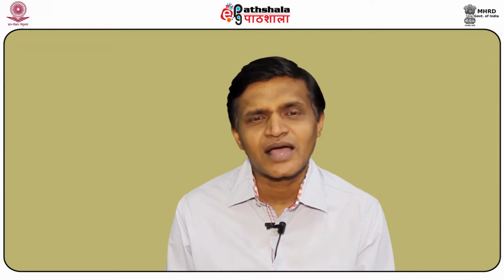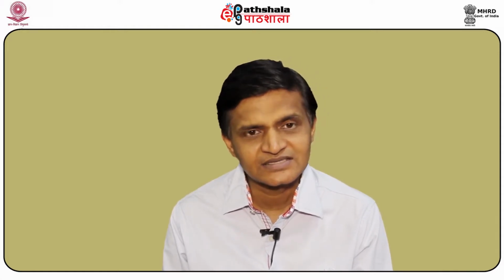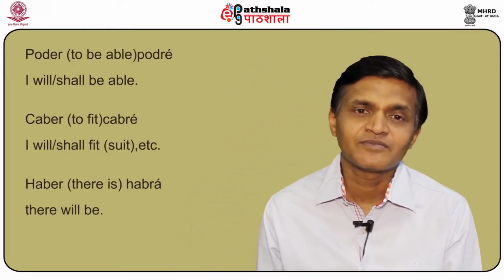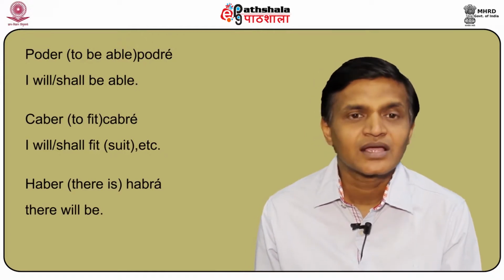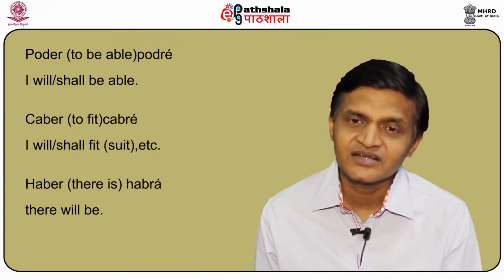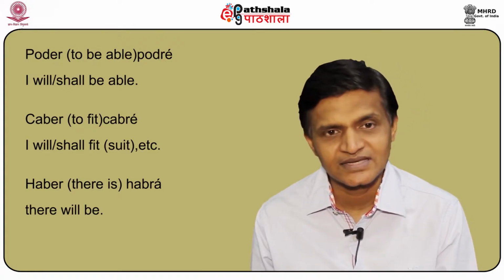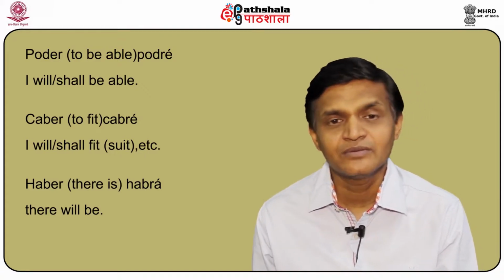So let us look at how verbs like saber and other similar verbs are conjugated in the future tense. Poder becomes podré. I will, I shall be able. Caber, to fit, becomes cabré. I will, I shall fit or suit, etc. Haber, there is, becomes habrá, there will be.